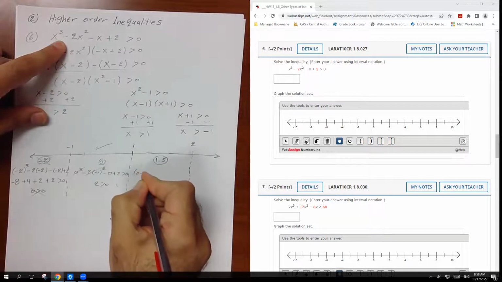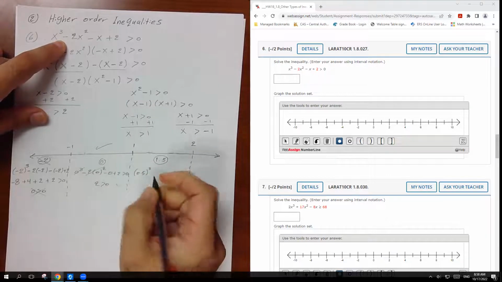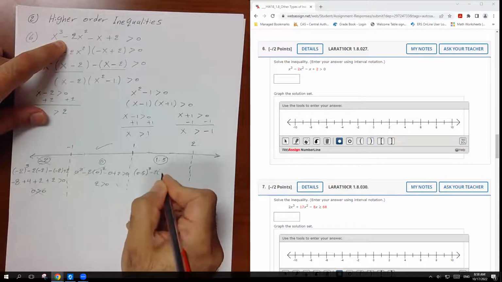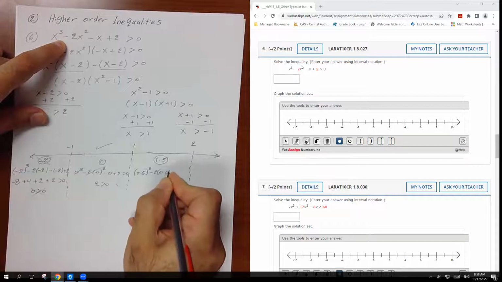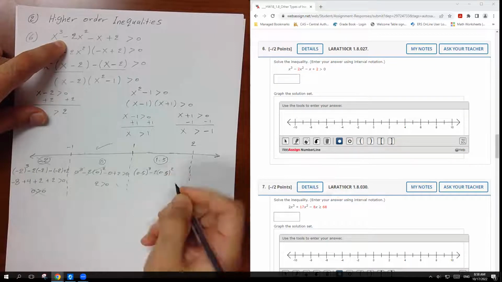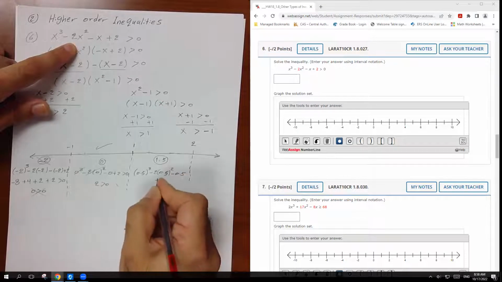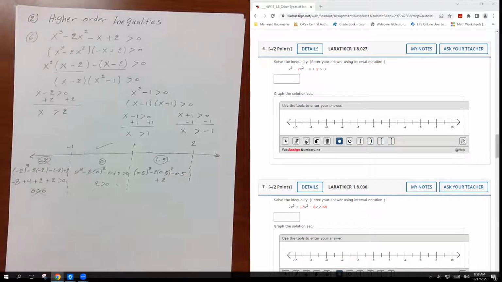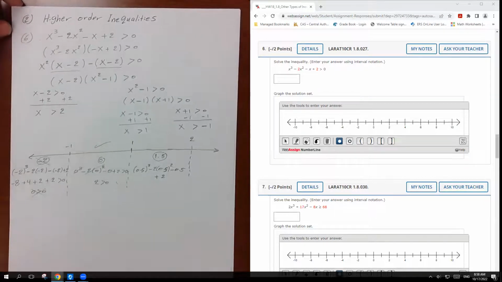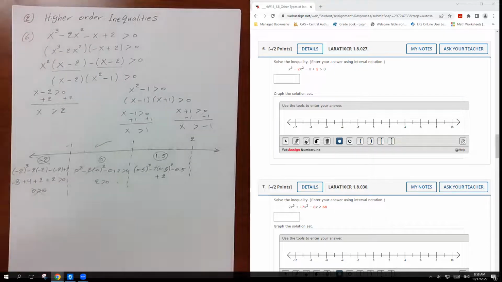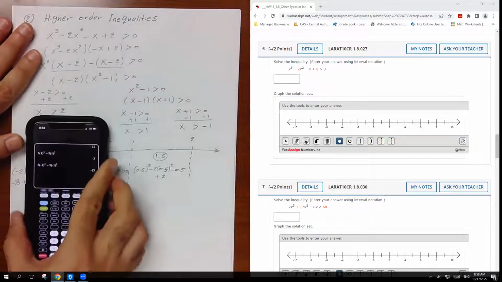It's going to be 0.5 cubed minus 2 times 0.5 squared minus 0.5 and plus 2. Let's check how much is going to be that. Be careful here because you can't pick a whole number. And always when you pick numbers, go ahead, use the calculator so you're not going to make simple mistakes.